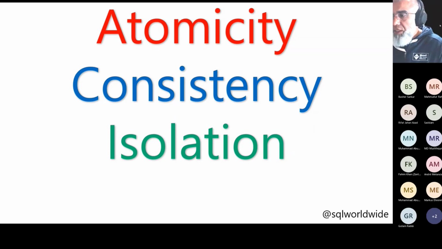And isolation is within a transaction. Sometimes when you are doing your work, you need to hide your work so others cannot see it till your work is completed, right? Because you do not want to show somebody your half-baked work. Like I said, if you are withdrawing money from account A and putting it in account B, and somebody wants to know the balance of account A or B, you don't want them to see the balance in this transition time.